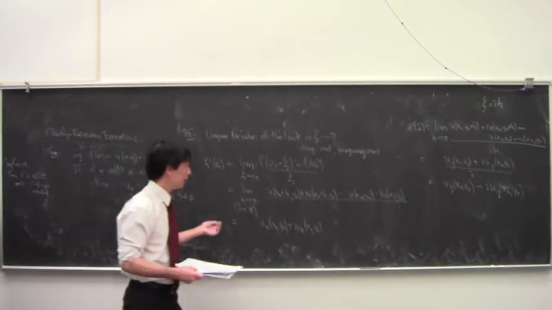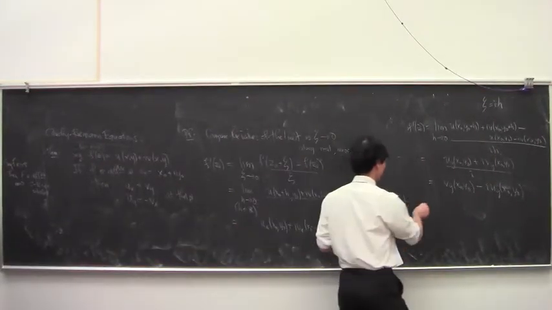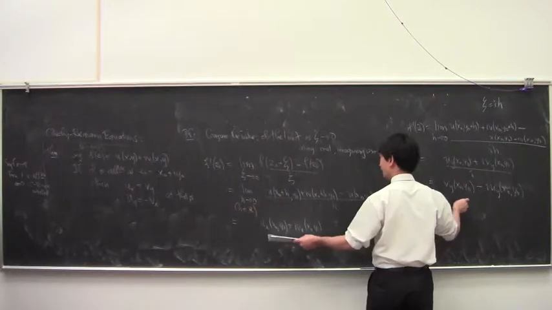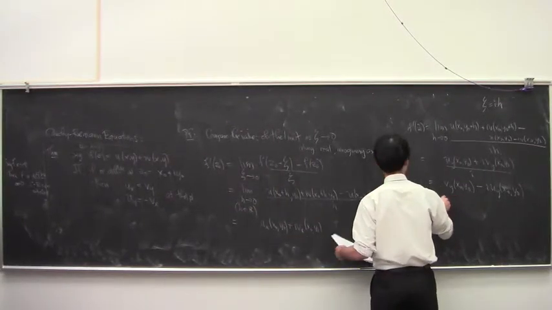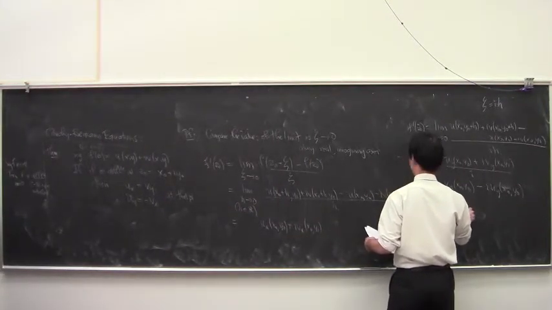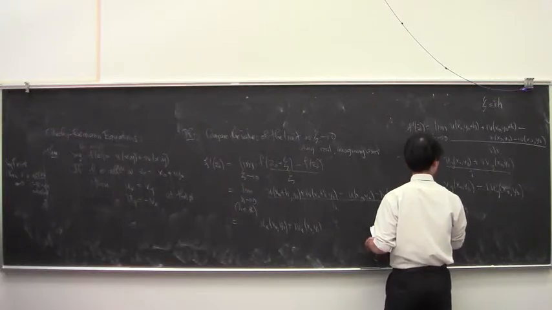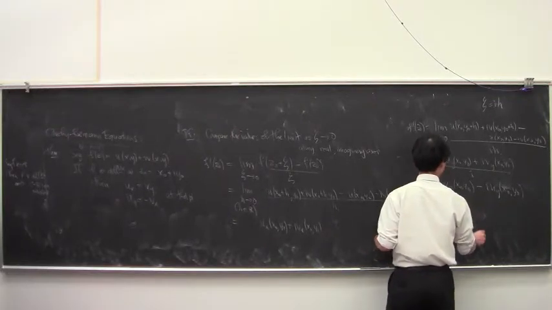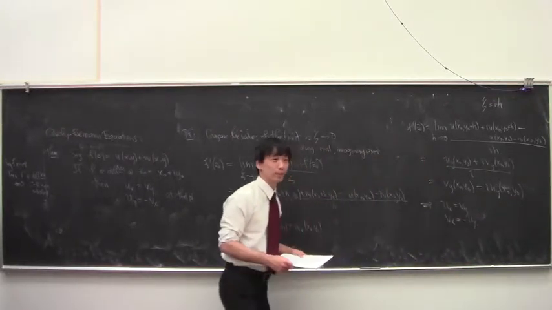Okay, so it's not that exciting, but you see that those things have to be equal to each other, and so u sub x must be v sub y, and v sub x must be negative u sub y, by comparison.